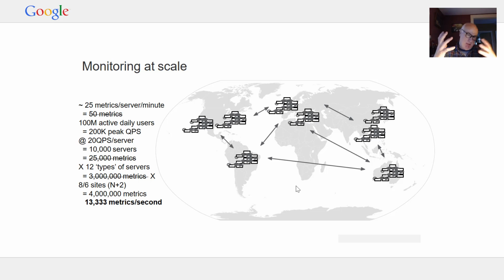So what you're going to end up doing at this scale is having a totally separate monitoring system that does nothing but monitor things, which doesn't make anybody any money, but that's all it's going to do. And you're going to have people whose jobs are just running the monitoring service.